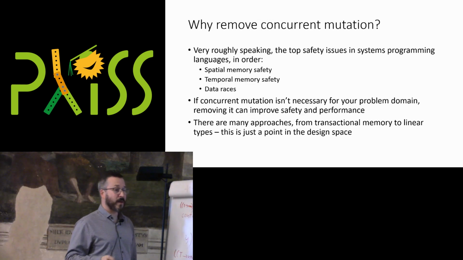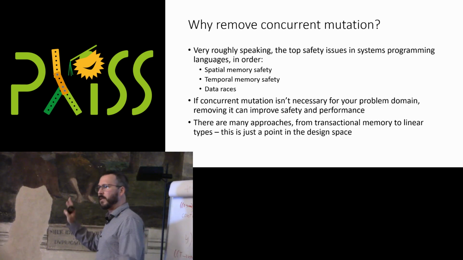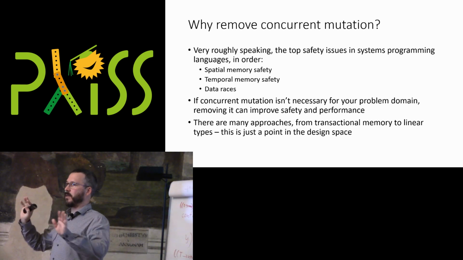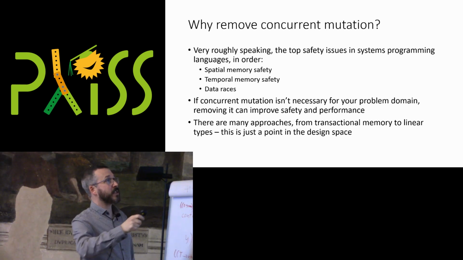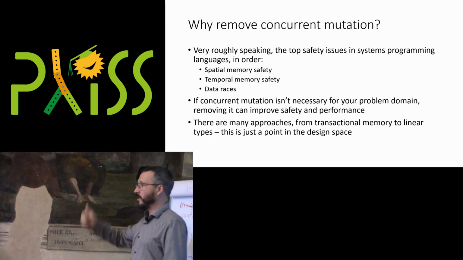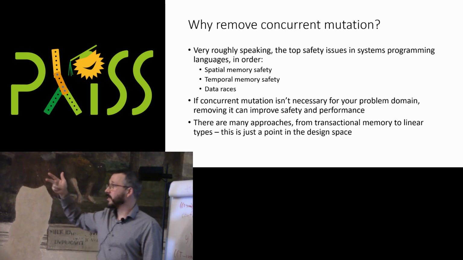But if we're going to talk about this thing of removing concurrent mutation, why would we do this? This is just a use case. Just a use case. There are many use cases. But roughly speaking, the safety issues in systems programming are spatial memory safety, temporal memory safety, and data races.